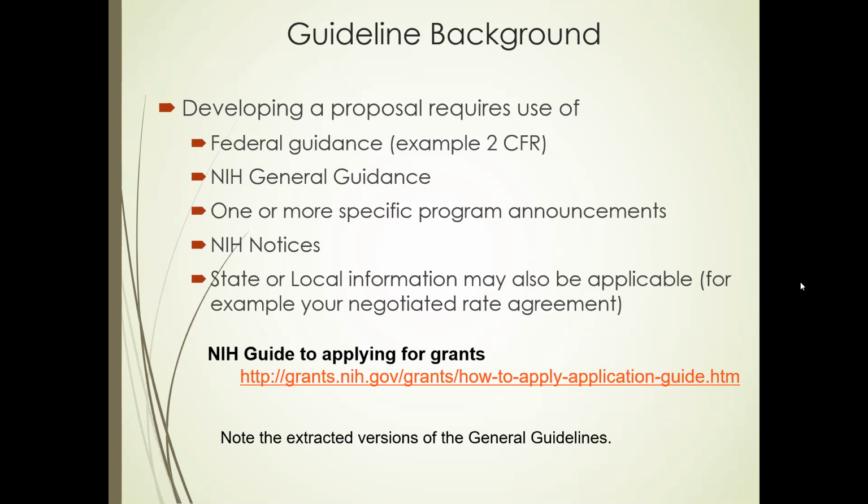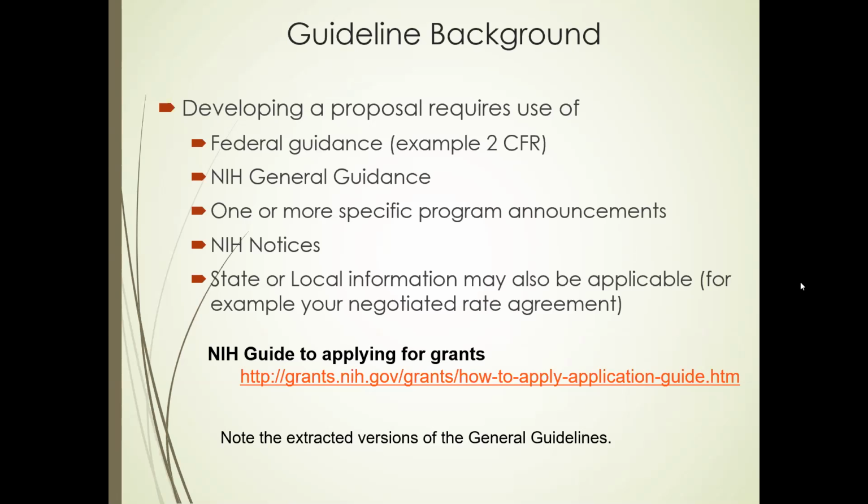I also want to mention, if you've ever looked at the NIH general guidelines, which we'll talk some more about in a minute, they're really hard to understand because they merge several different versions into one set of guidelines. So when you go to look at it, you have some general information, and then you have additional boxes that have information related to things like SBIR, STTR, training, and fellowship submissions.